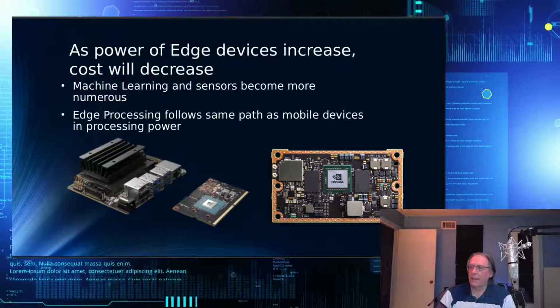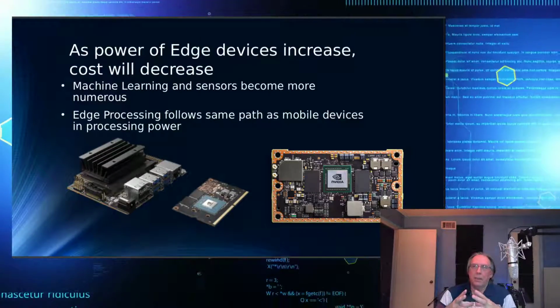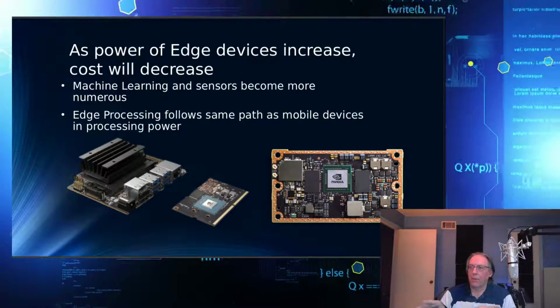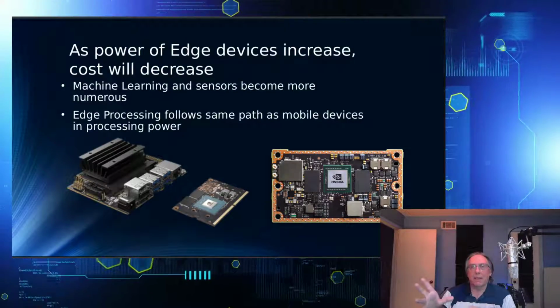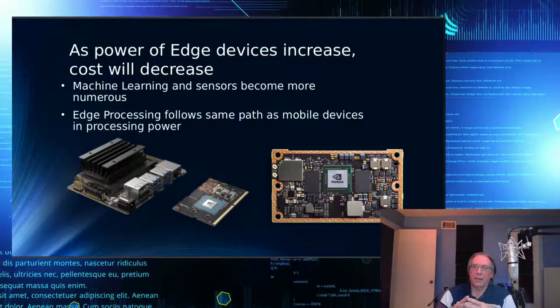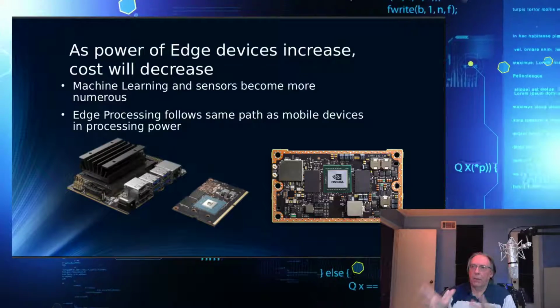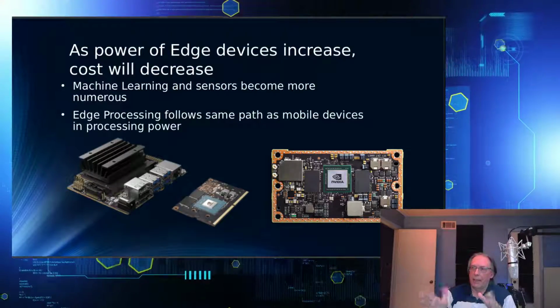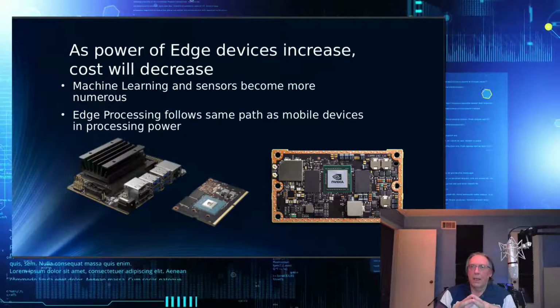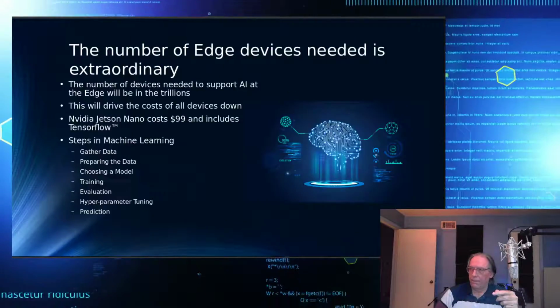If you look at these two boards, the one on the right is the Tegra 2, and that one was a lot more expensive, I think about $700 or so, versus the one on the left, which is the Jetson Nano, which costs about $99. And I suspect that will continue to occur. That sliding down of costs will continue to go.